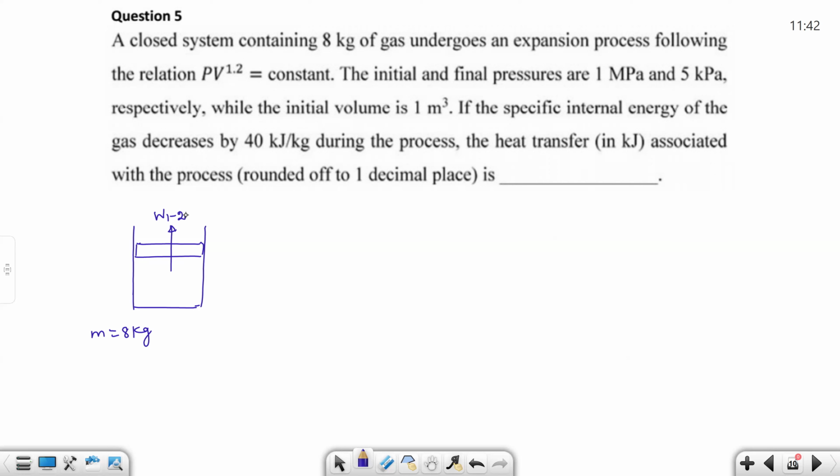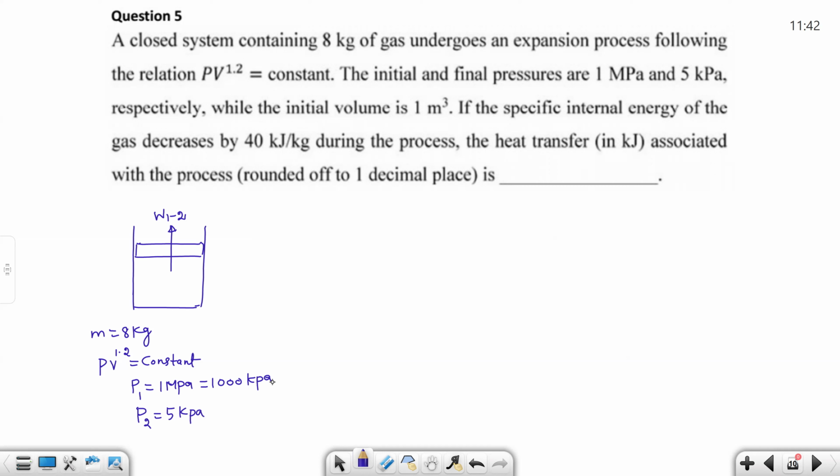It follows a process PV power 1.2 equals constant. The initial pressure is 1 MPa, which you can write as 1000 kPa, and the final pressure is 5 kPa.